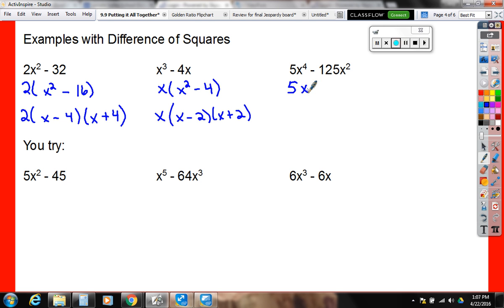If I take out 5x squared, what am I left with? x squared minus 25. Now, if I further factor this, I'm going to bring down my 5x squared as a factor. What does this difference of squares factor into?